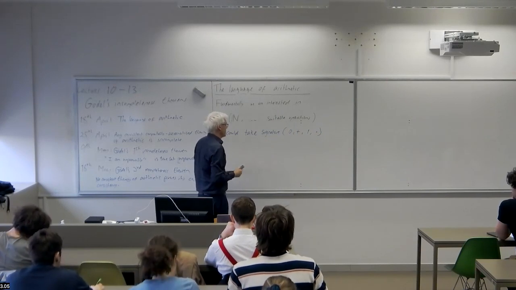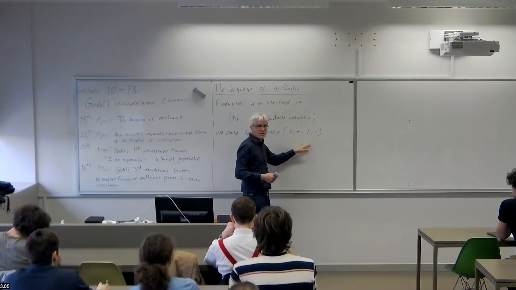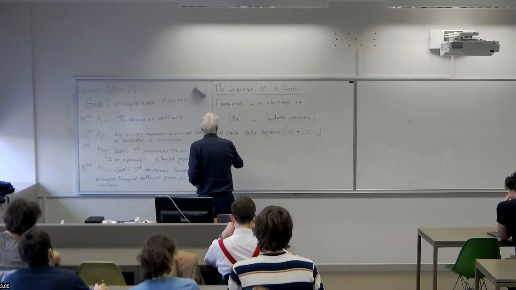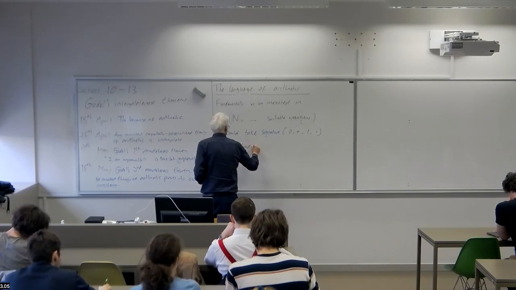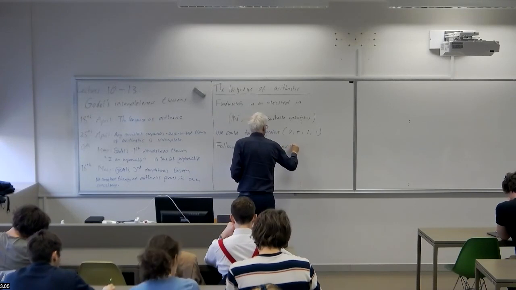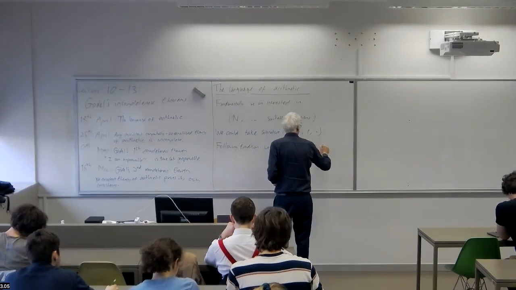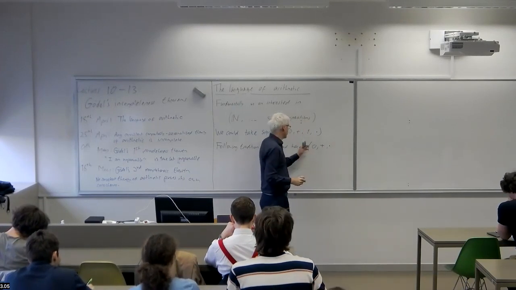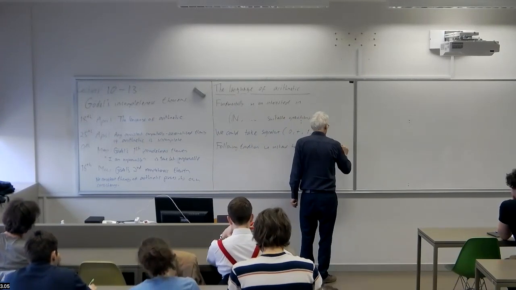But for the natural numbers, it's traditional to take a different signature, which is equivalent to this. So following tradition, we're going to have 0, plus and times, but instead of the constant 1, we have a unary function, the successor function.